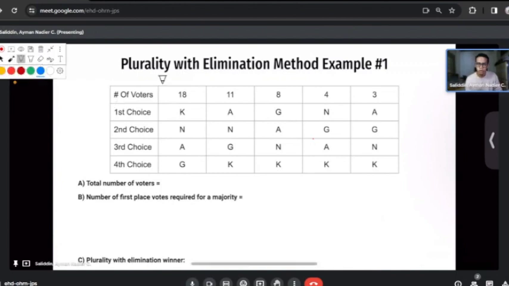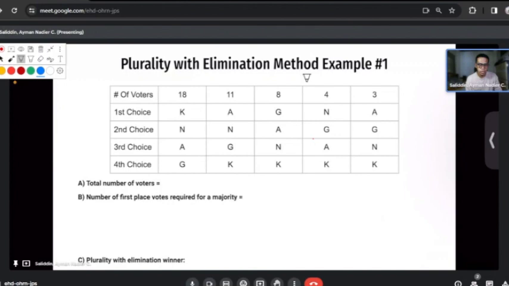Here, we have the same chart, or schedule, as earlier. So here we could see we said that the winner is Kaisal in the first choice votes, right? Because obviously that's the highest.